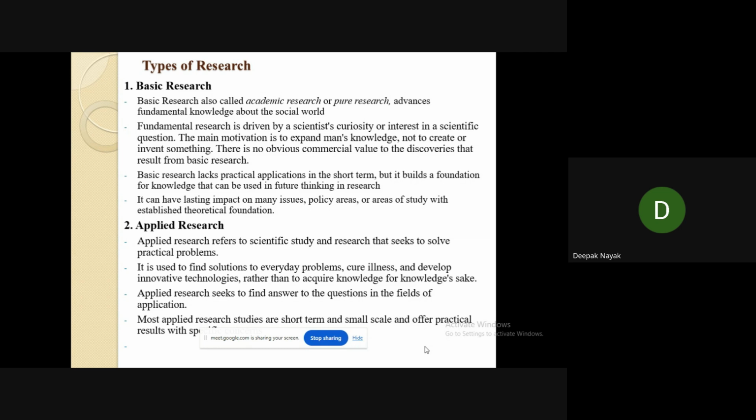There are numerous researchers available in social science research, and as I said, social science research is a very dynamic one, and it doesn't follow a particular line of research.